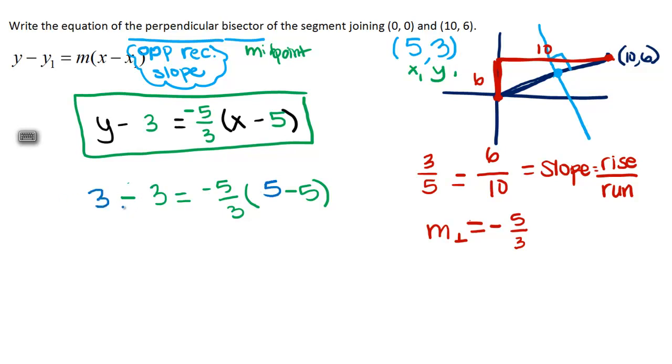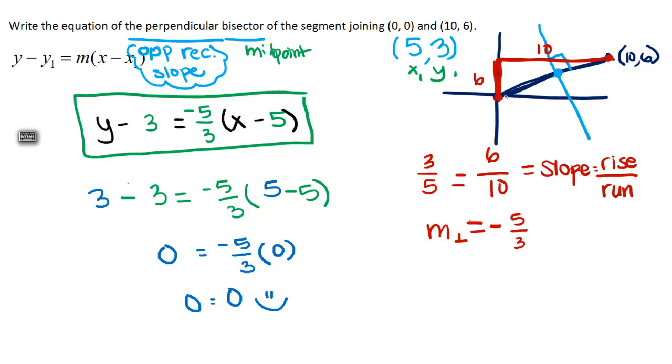Let's see if everything happens the way we want it to. 3 minus 3 is 0 equals, we like zeros by the way, negative 5/3 there, 5 minus 5 is 0. Yay, more zeros. What's 0 times anything? That's right, it's 0. So 0 equals 0. I'm really happy because my answer worked out. The midpoint is on the equation of my line, which is right.